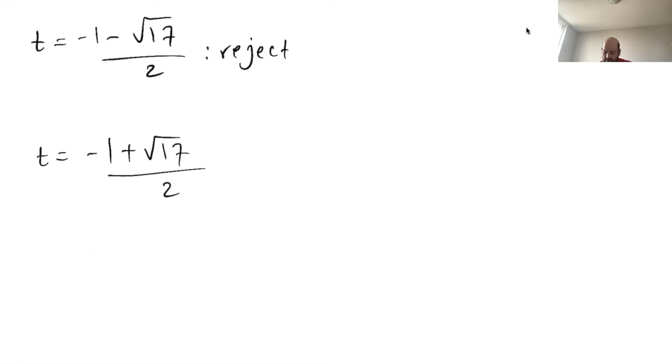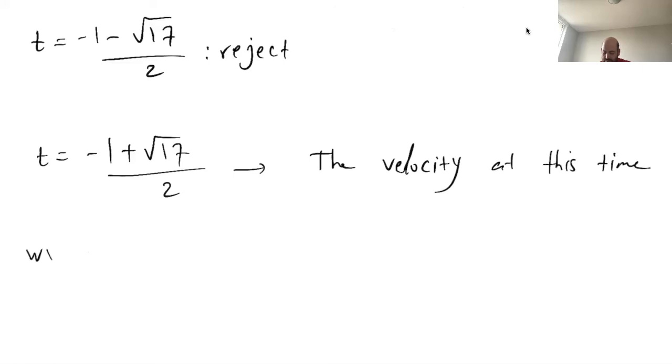And therefore the velocity at this time will be v of minus 1 plus root 17 over 2. And that's going to be how much?